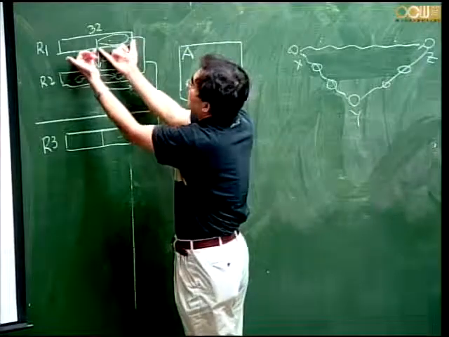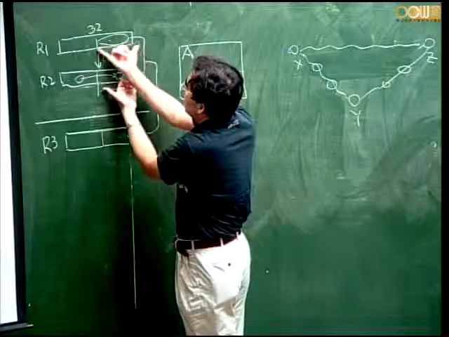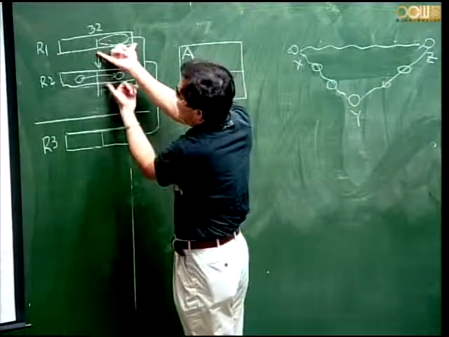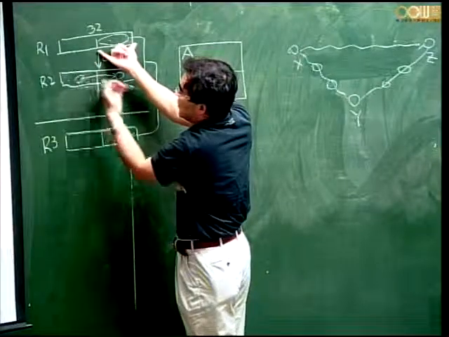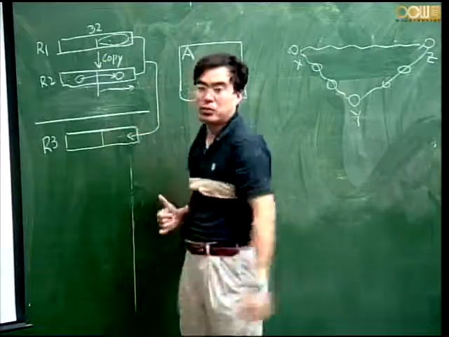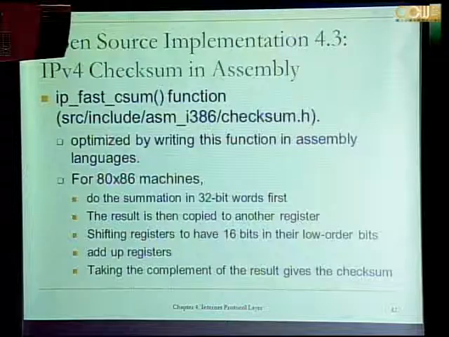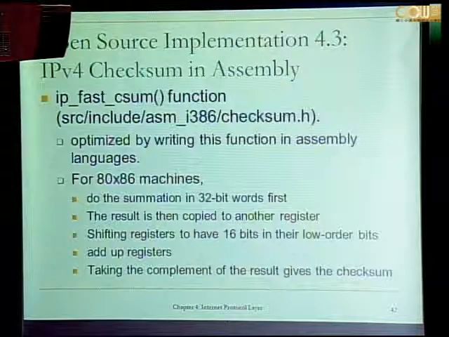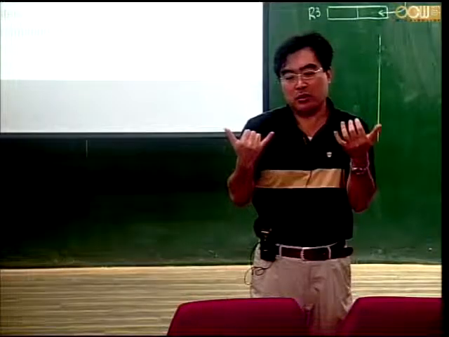But I can't do an in-place shift, so I copy and then shift. Now I got this and this, and then add them up together here. So I got 16 bits. That's because we are taking advantage of the 32-bit words, but at the end we got 32 bits, which is too long to fit into the 16-bit checksum field.